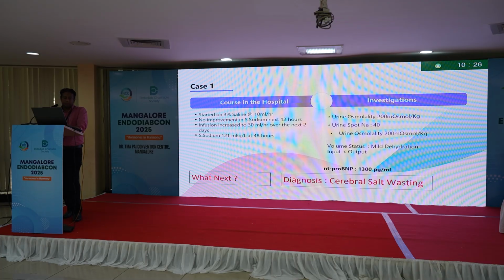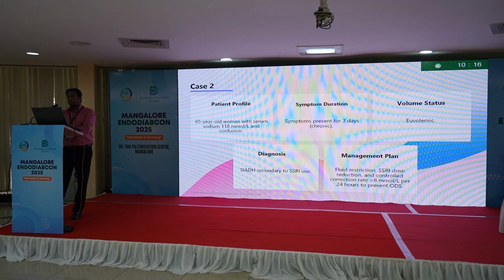So what is the treatment of choice here? Usually the treatment of choice is fludrocortisone, and you also have to make sure you match the input and output. The next patient is a 65-year-old lady who has a sodium of 118 and confusion, and she has been symptomatic for the past 3 days, so she comes in the chronic category.